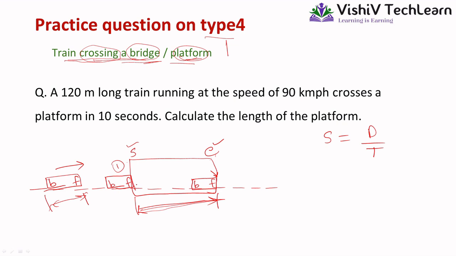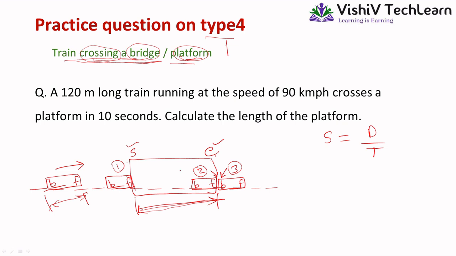Now here the train has covered the platform, but yet it has to cross. This could be the second position. In the third position it will cross the bridge or platform. So this is back and this is again front, and here it has crossed the platform. So from position 1 to position 3, we can say that the train has crossed the bridge or platform, right? From position 1 to 3.